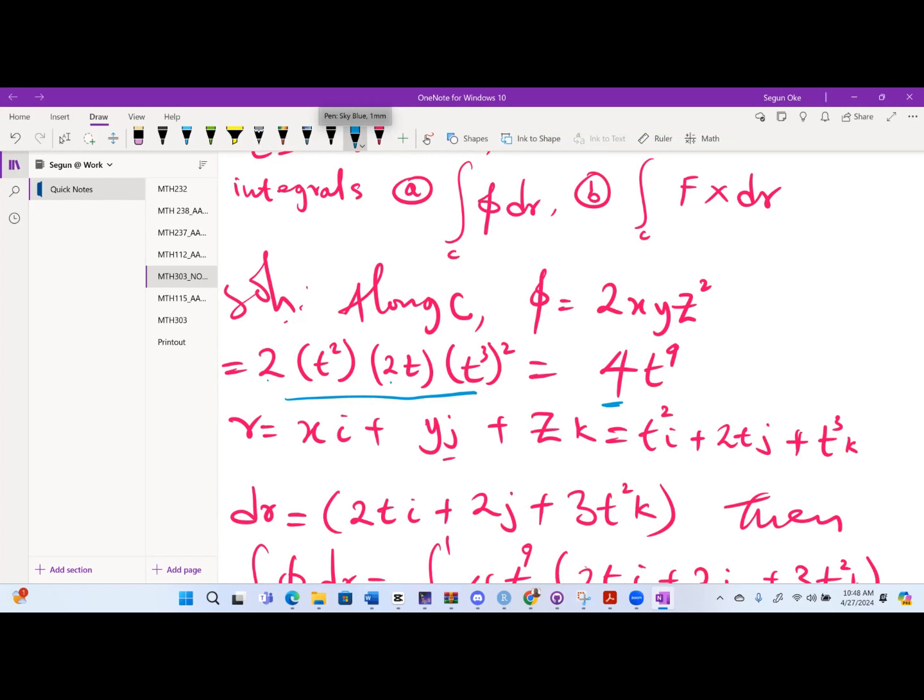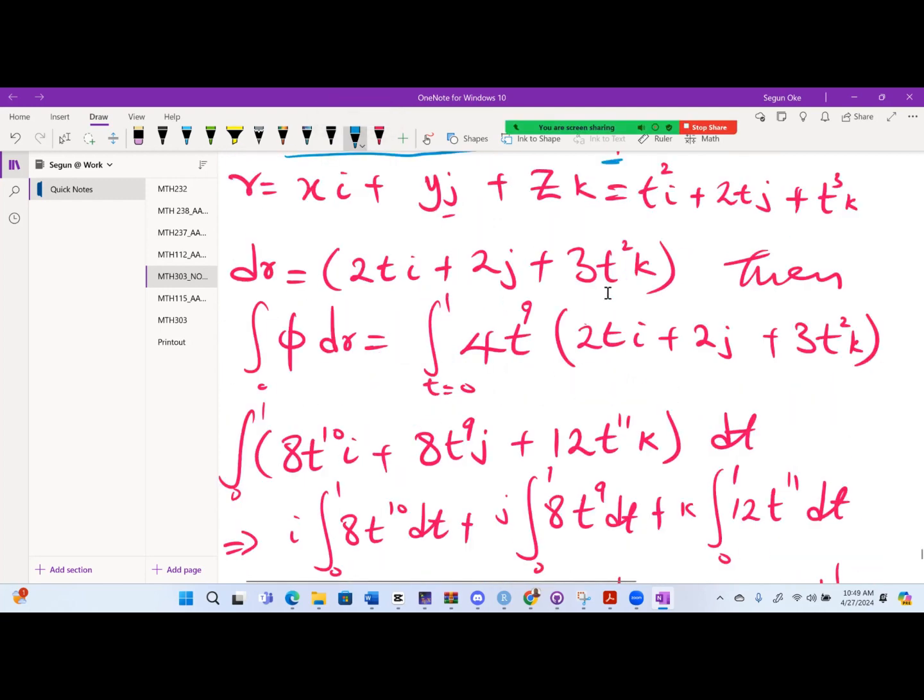Now, here you have t raised to power 2 plus 1, because t is raised to power 1, right? Plus 1. Yes, sir. Then 2 multiplied by 3 plus 6. So 2 plus 1 is 3, 3 plus 6 will give you 9. So that's why we have 4t raised to power 9. Any question? Thank you, Prof. You're welcome, sir.